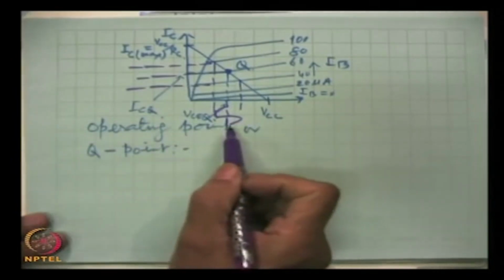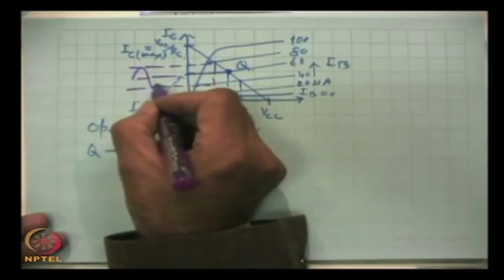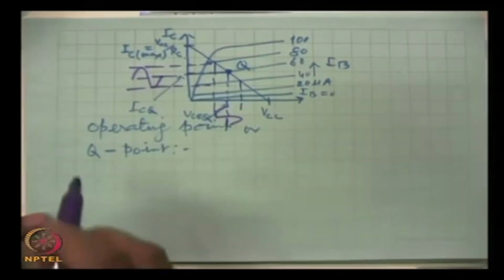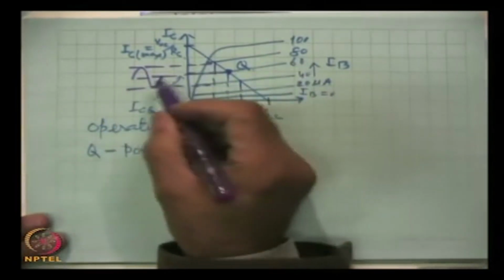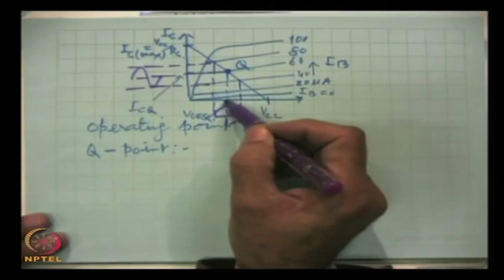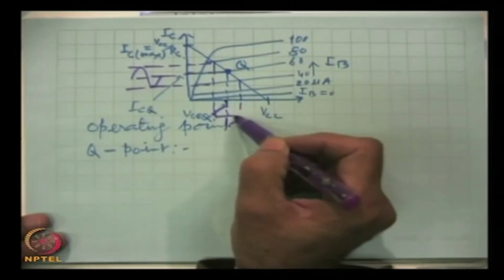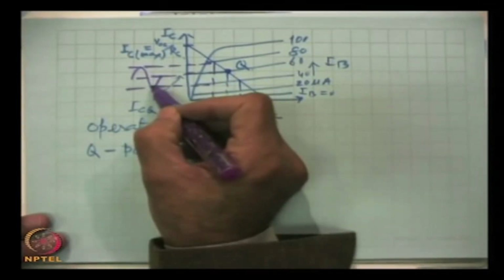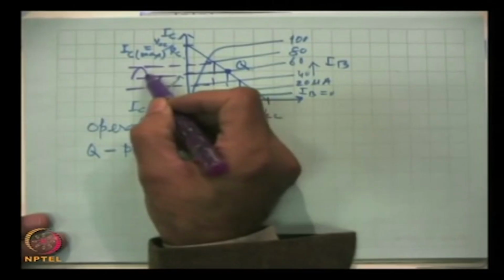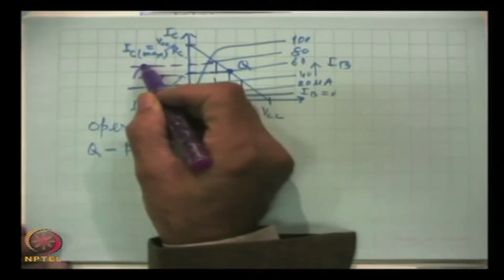This is the applied signal and the output current will vary accordingly. This shows that, for example, from the ICQ value it will go lower and to the higher side, and similarly the lower part of the current will be here, this is ICQ, and then it will go to the higher side.